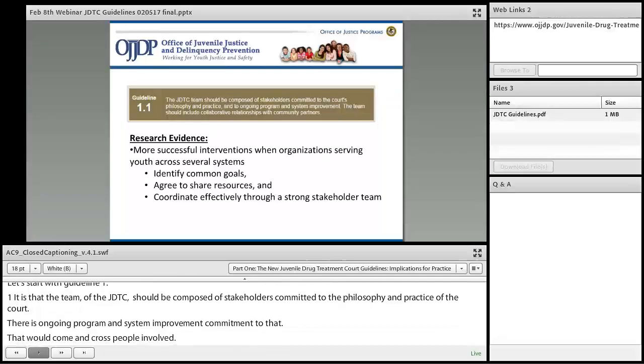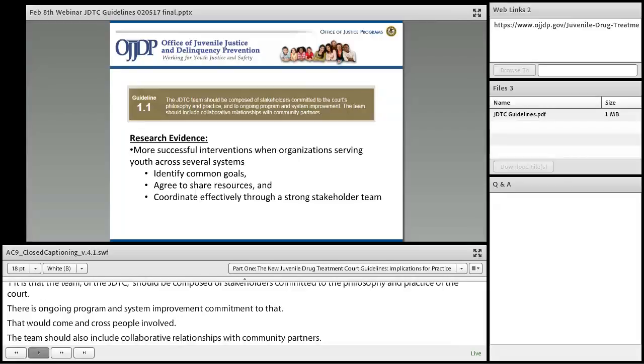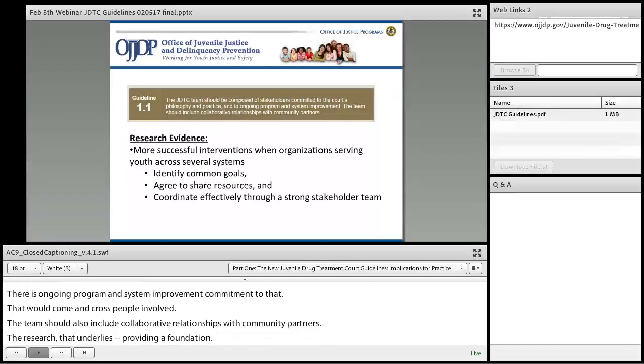So the research really underlies or provides the foundation here. And this research cuts across not just juvenile drug treatment courts, but other youth serving and other juvenile justice programs.